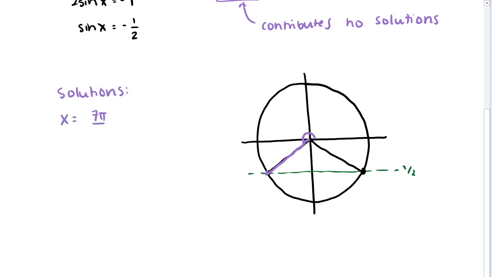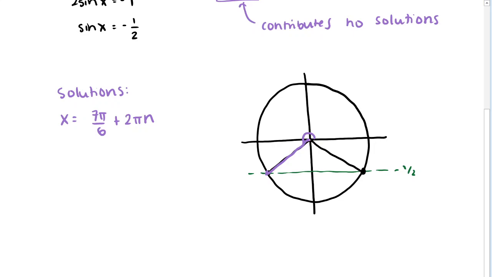Seven pi over 6, right? Sort of 30 degrees beyond pi, 30 degrees beyond 180. And then that fits the 30, 60, 90 triangle into this picture with the short side length being the y-coordinate. And then the coterminal angles would be solutions too, so plus 2 pi n.